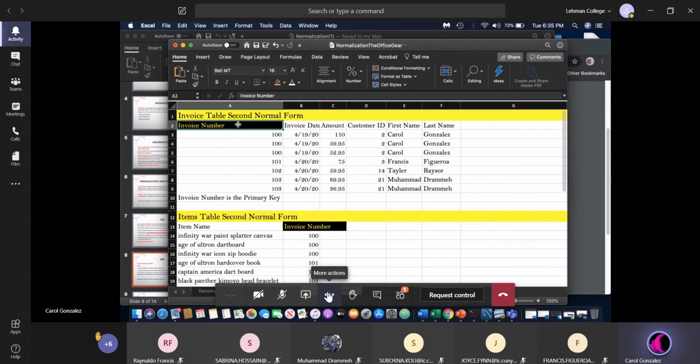It's just not fully dependent on it. If they're not dependent, the only way is to create a relationship between the two, because they were indeed together at one point. Hence, for the item name, we should create a table called item. We define invoice number as the primary key, and we create a relationship between invoice and item, which is the invoice number.